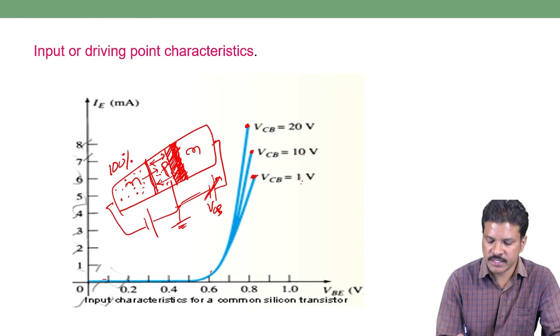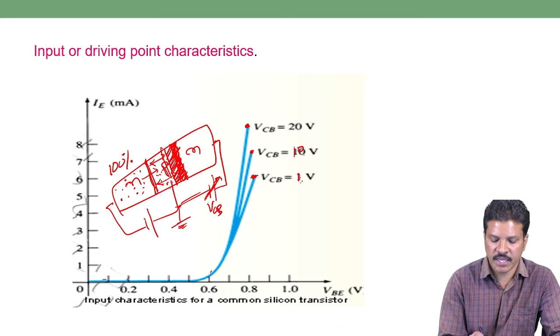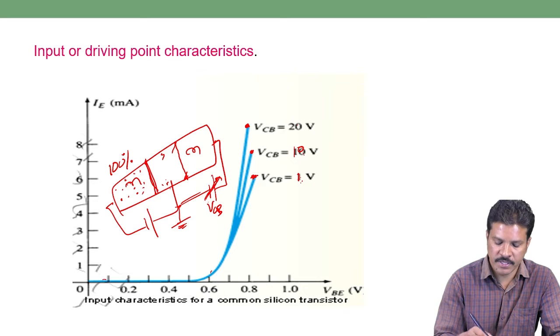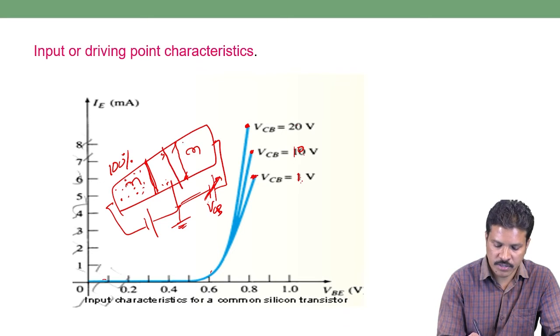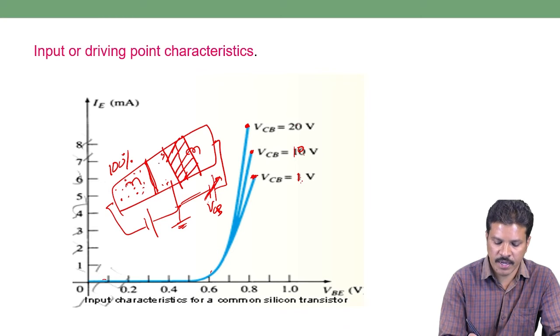When the reverse voltage increases from 1 volt to 10 volts, the depletion width increases. When the depletion width increases, the base width automatically decreases. When the base width decreases, the current flow in the base is only 5% or 10%.